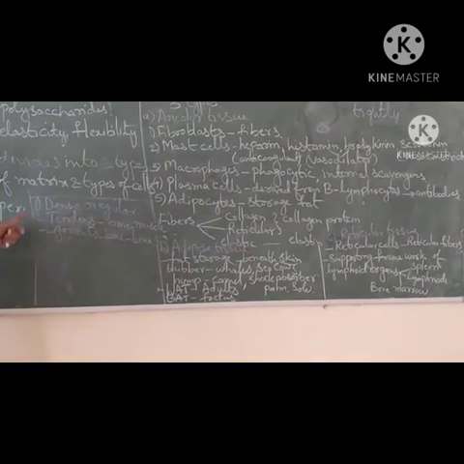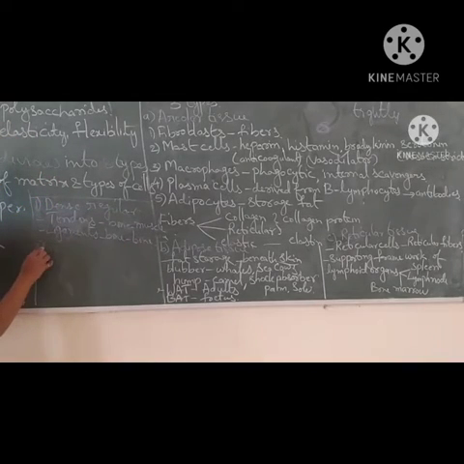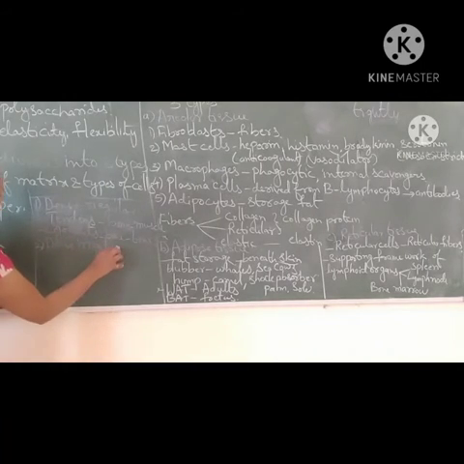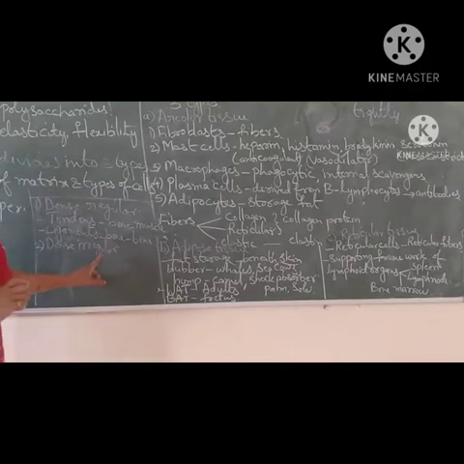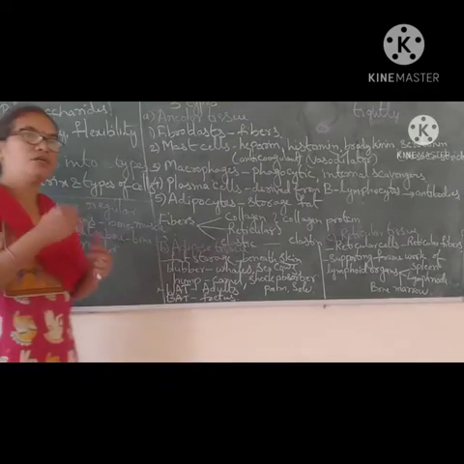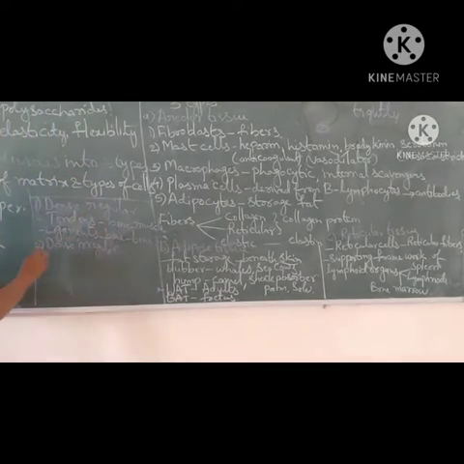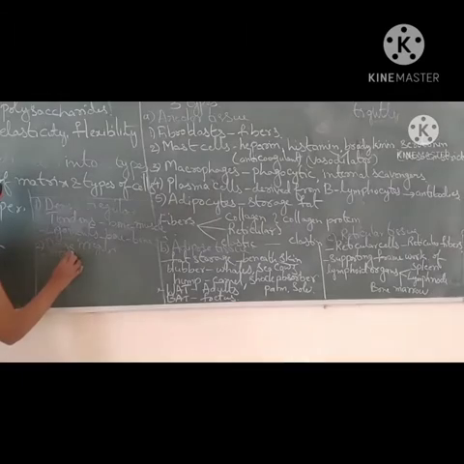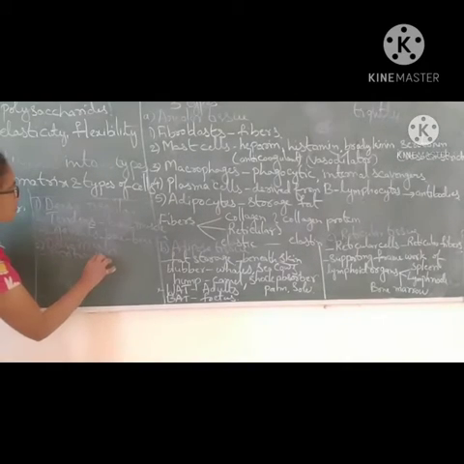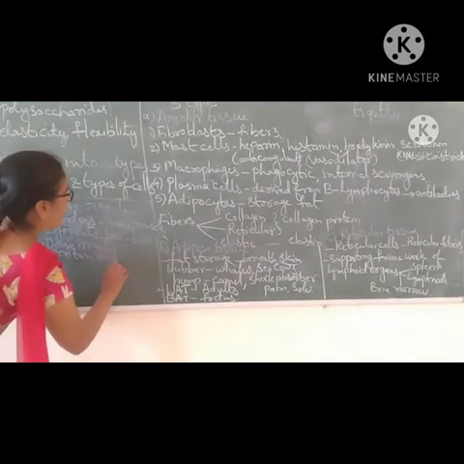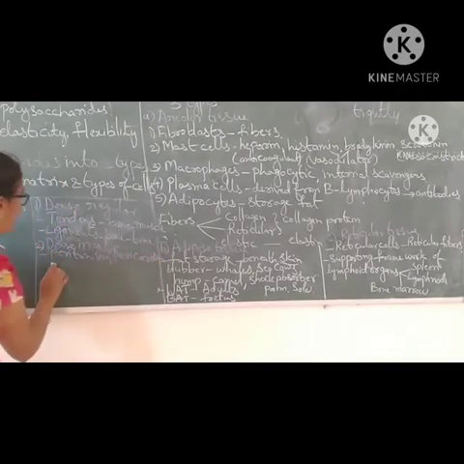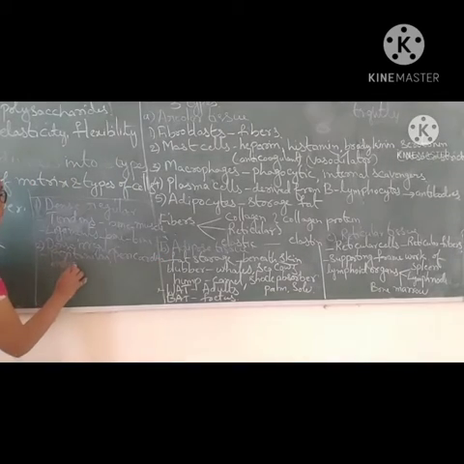Next, the second one, dense irregular tissue, in which the fibers are arranged irregularly. It covers the pericardium, peritoneum and endometrium.